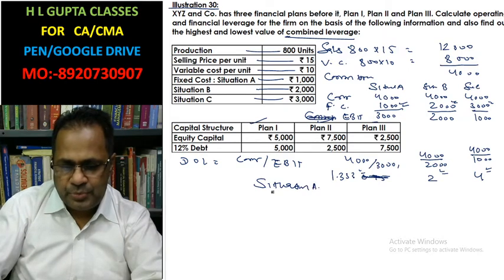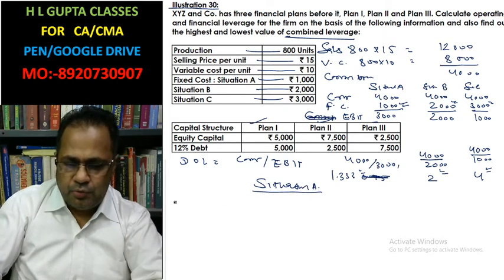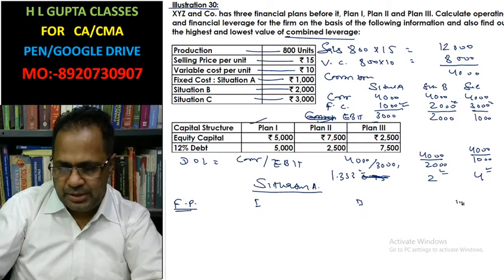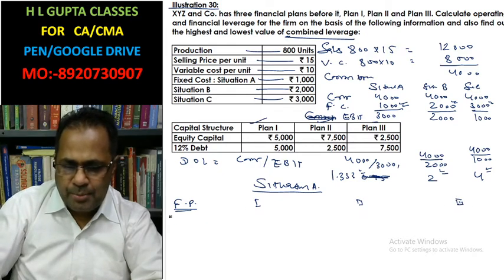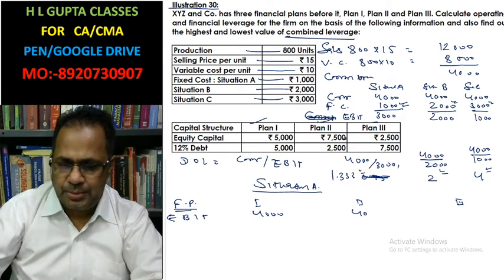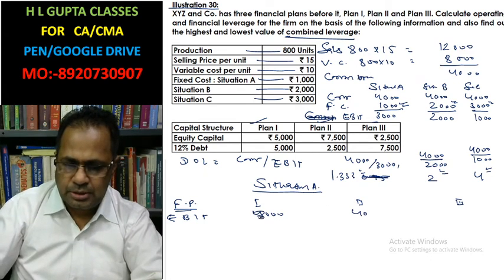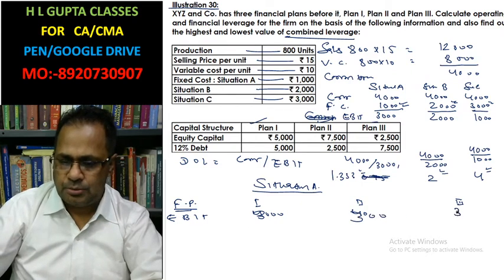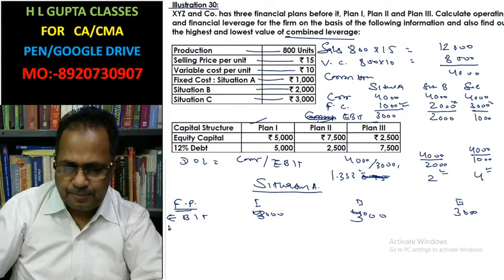Situation A, financial plan first, second, and third. Write EBIT here: 3,000, 3,000, 3,000. Less interest.